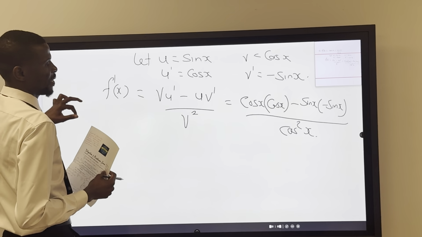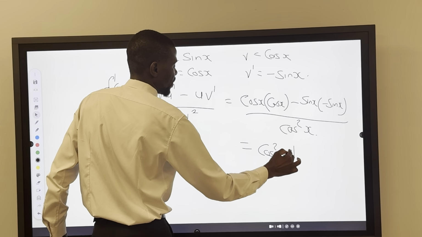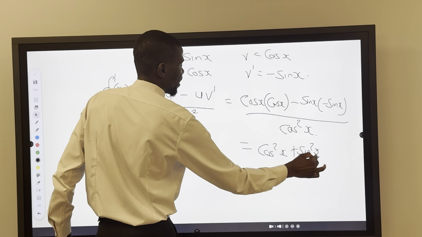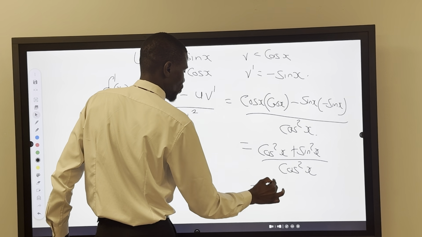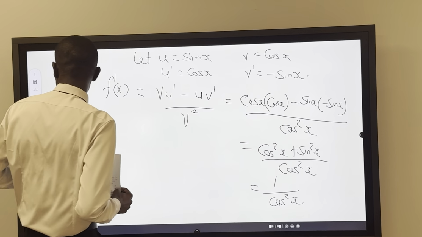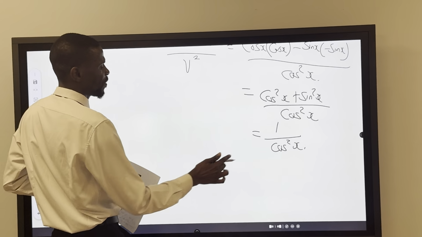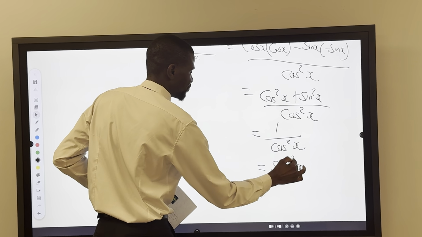Here it's going to be cos squared x plus sine squared x over cos squared x, which is 1 over cos squared x. But we know that 1 over cos squared x is sec squared x.